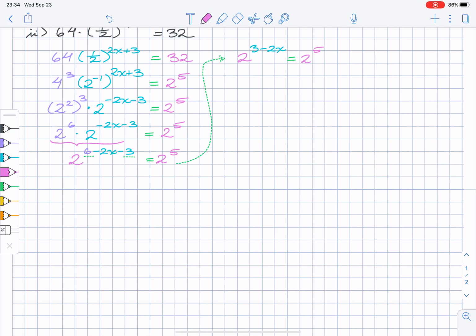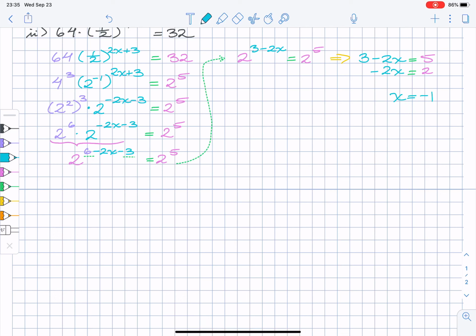So I can finally equate the exponents using the one-to-one property. So 3 minus 2x must be equivalent to 5. Let's subtract 3 from both sides, so minus 2x is going to be 2. Then let's divide by negative 2, so I get that x is negative 1.